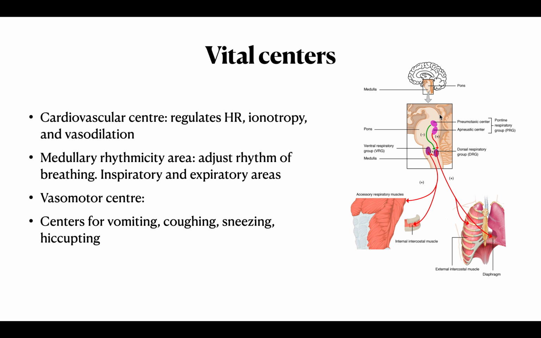The vasomotor center is the center for vomiting, sneezing, hiccuping. And remember when we were going in anatomy, there's the pneumotaxic and apneustic center. So that's all involved with the rhythmicity area. Sorry. So pneumotaxic is inhalation and it's going to inhibit each other, right?